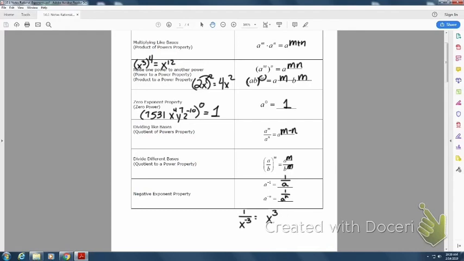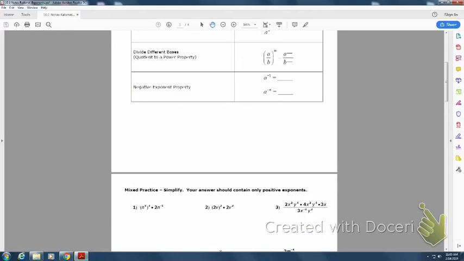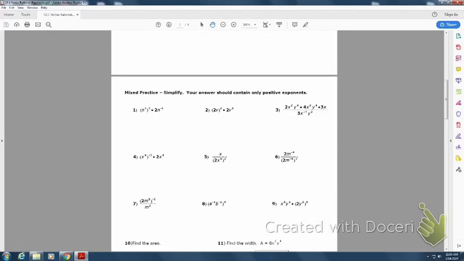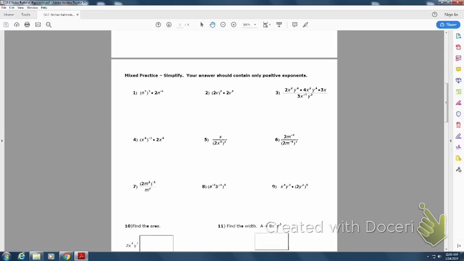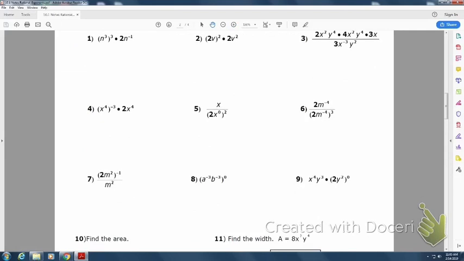We're going to go through some examples on the next page. Each one of these examples has multiple properties in each problem. We're going to walk through a few of these. One good thing about these properties: in the last unit, especially with the graphing at the very end, the order in which you did it was very important.